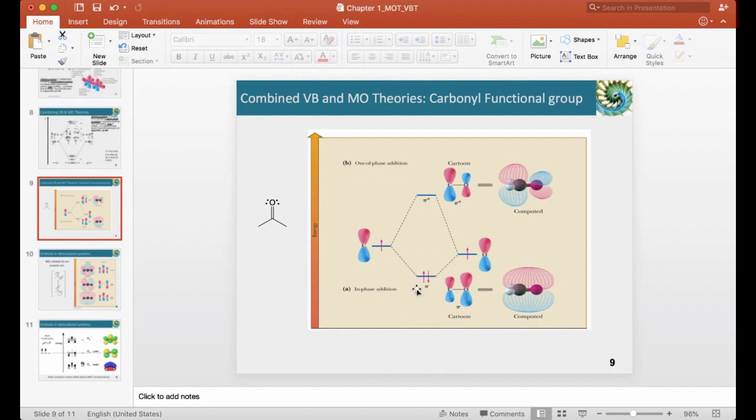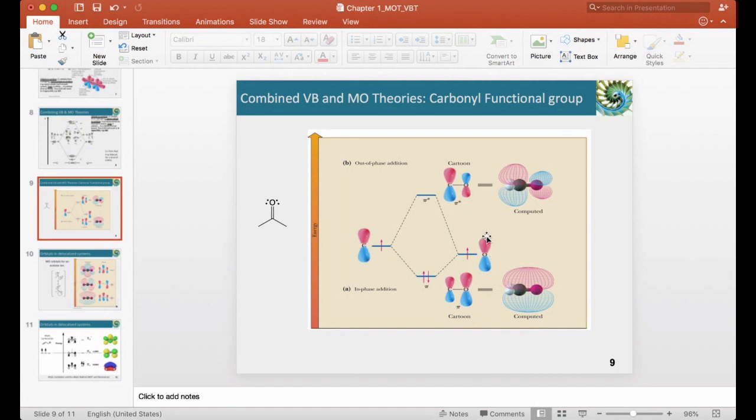Okay, so in this pi bond in between the carbon and the oxygen, here is a carbon with a p orbital for the pi bond. Remember, a pi bond, side by side overlapping of pure p orbitals. Here is the p orbital from the carbon, here is from the oxygen.